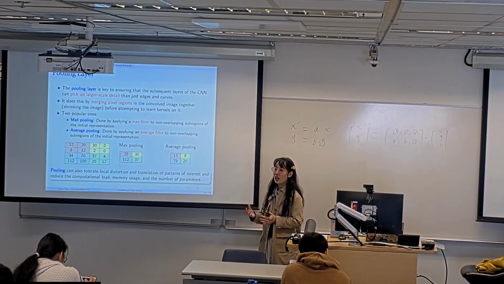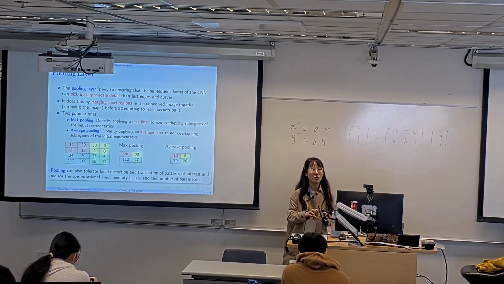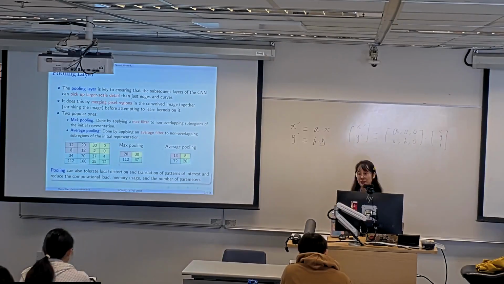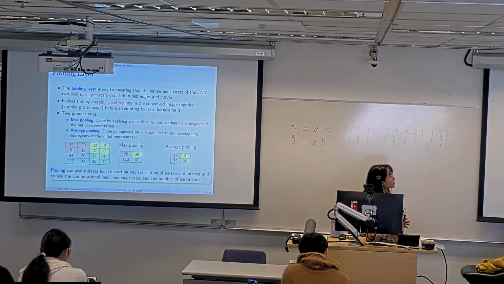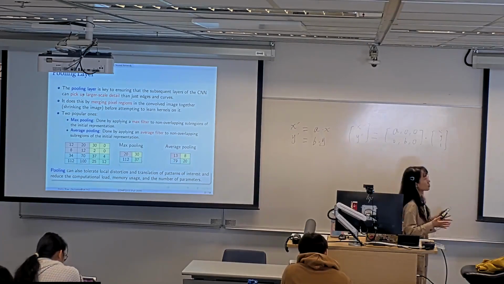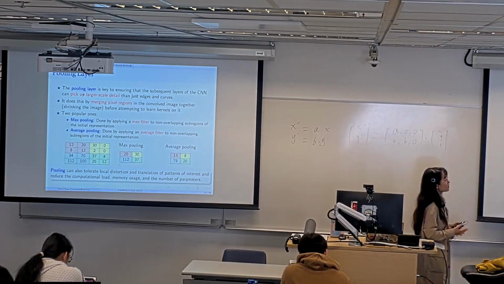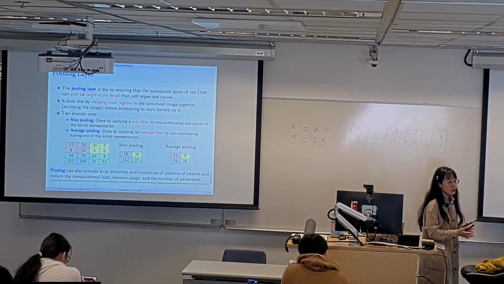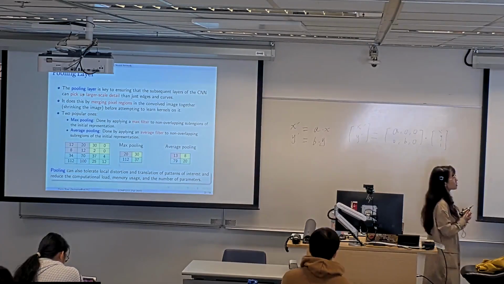That is how you can combine all these very minor details into useful features. Usually, these large-scale features will be obtained by the pooling layer. It does this by merging the pixel regions in the convolved image together, like shrinking the image before we attempt to learn the kernels on it.